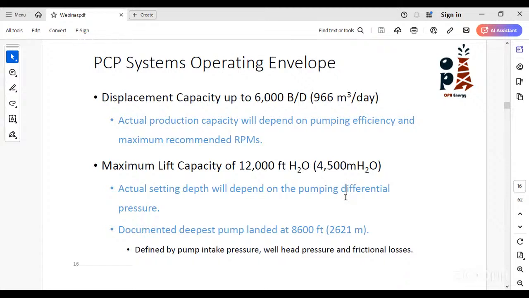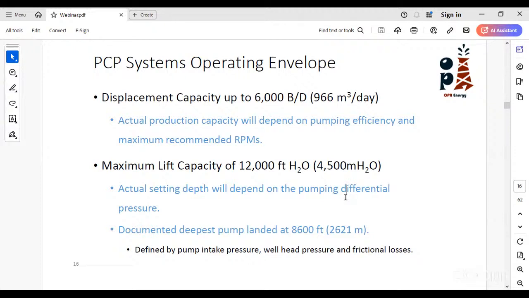Sorry, for the second question, our Engineer Ahmed asked us what is the best application for the PCP, and of course we have said that more than one time. It is recommended for producing heavy oils lower than 18 degrees API.